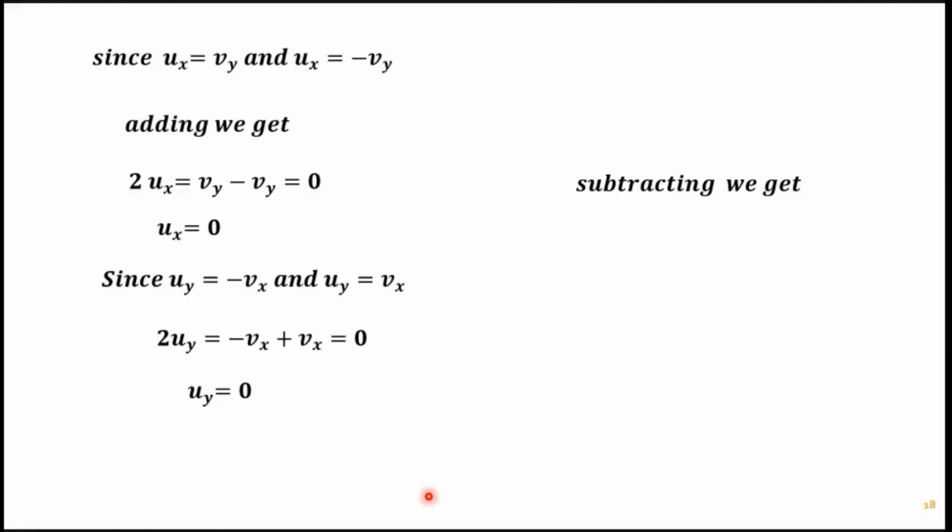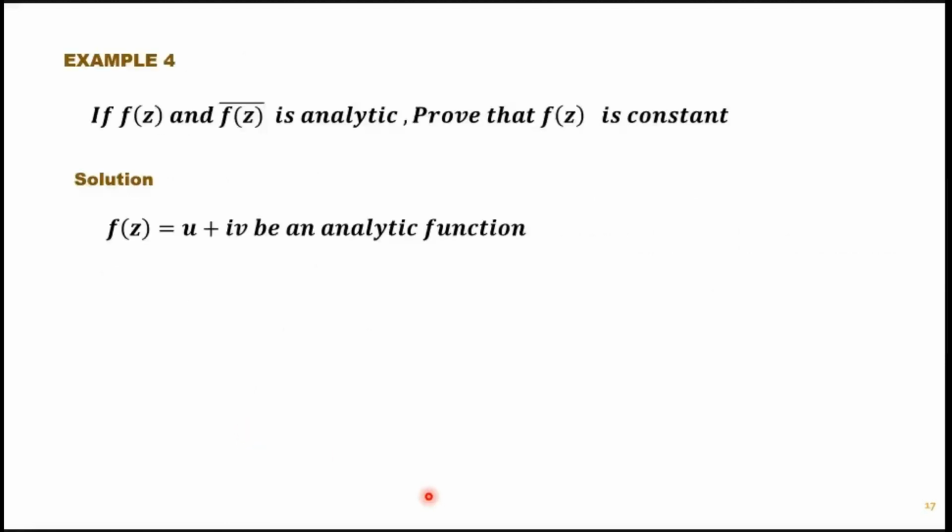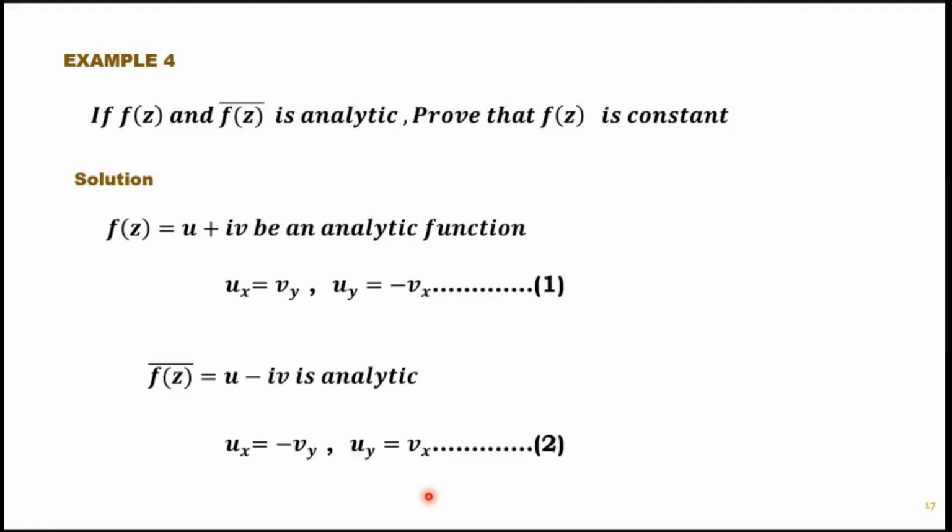But the main thing is only equations 1 and 2. Add both, find ux and uy. Adding both gives ux is 0, uy is 0, u is a constant. If we take the other side, vy equal to minus ux, then add again, vy equal to 0, and vx is also equal to 0. Okay, actually there is no need for subtracting.